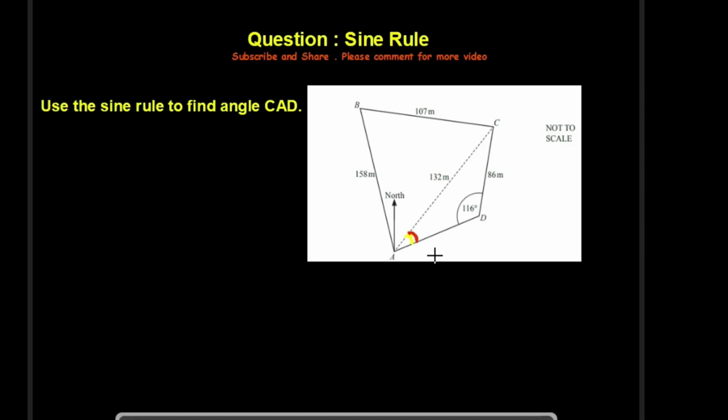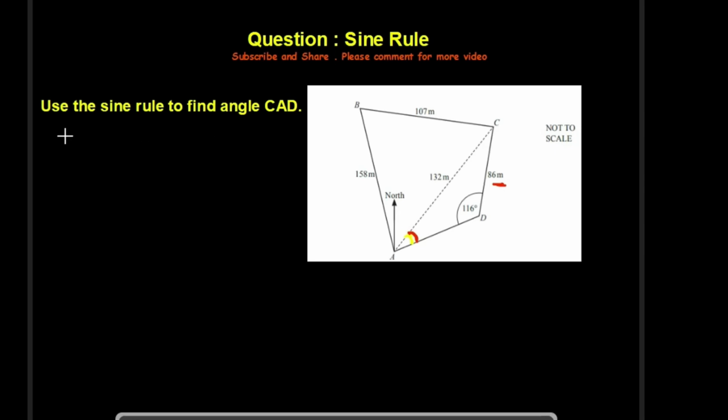How can we identify it, and what are the things we need to take care of? Opposite to angle CAD, a side is given, which is 86, and another angle is given with its opposite side also given. That means it is a relation between two sides and two angles, so we can use the sine rule. If it is not stated to use the sine rule, this is how we can identify whether we have to use it or not.